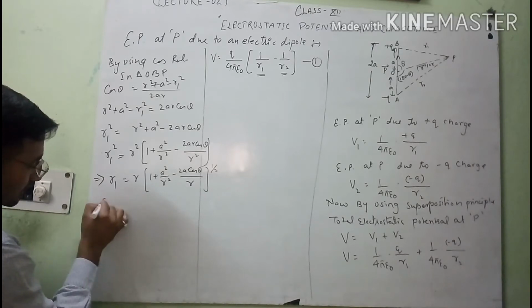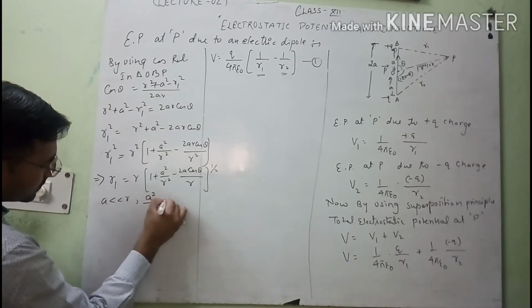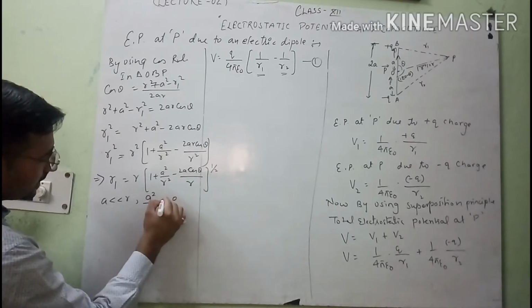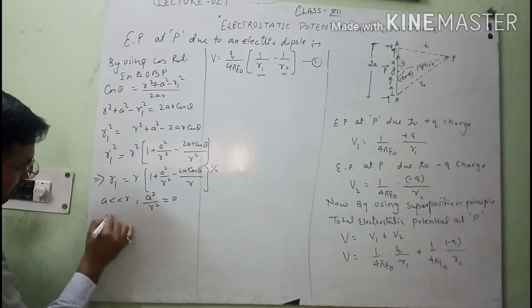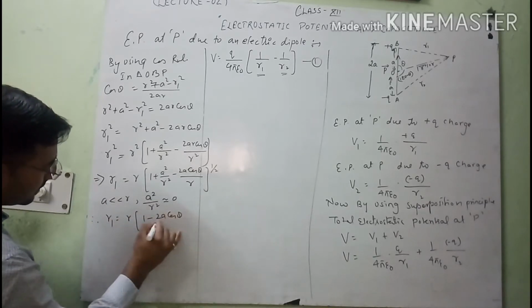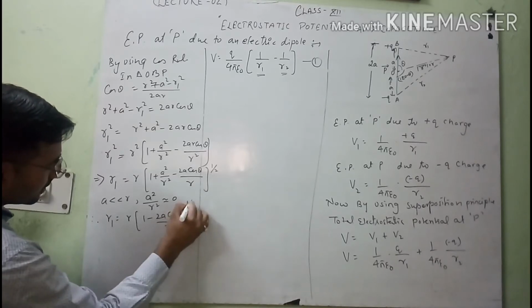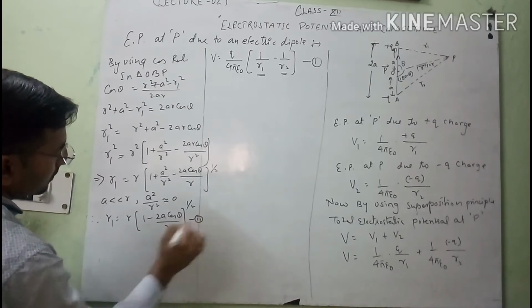As you know, A is much less than R, so the ratio A square by R square approaches 0 and we can neglect this term. Therefore R1 equals R times 1 minus 2A cos theta by R, raised to the power half. This is our equation 2.